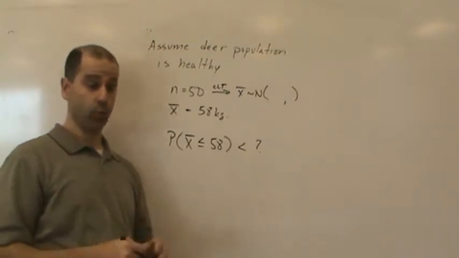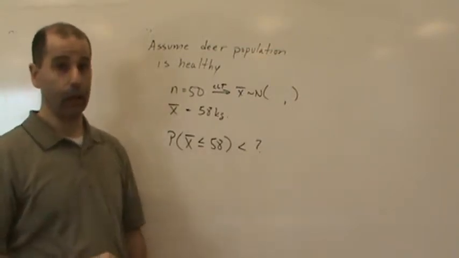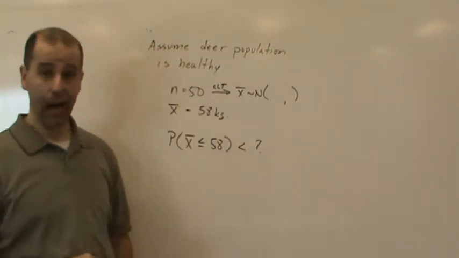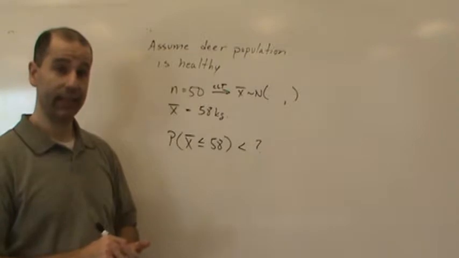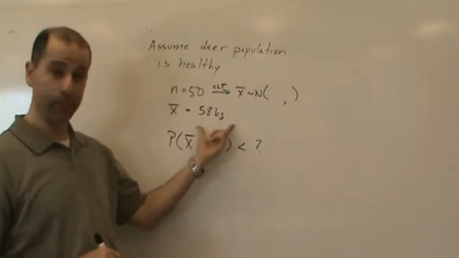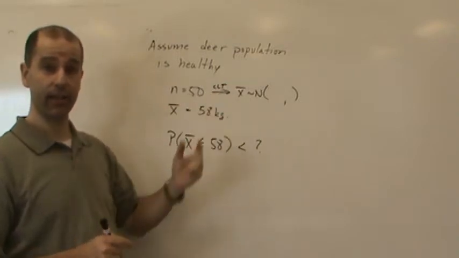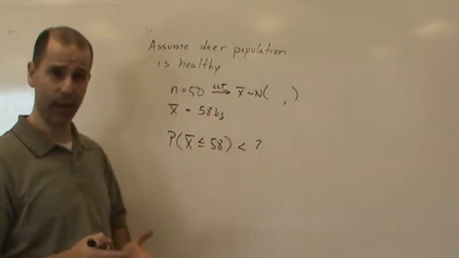Now in statistics, we're going to say, hey, we're not that lucky. We're going to say that our original assumption is incorrect, and so the sample is giving us evidence against the assumption. Does that make sense? I hope that makes sense.